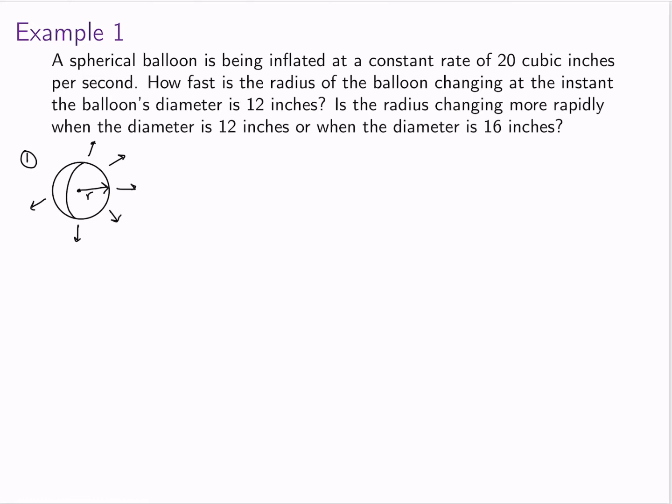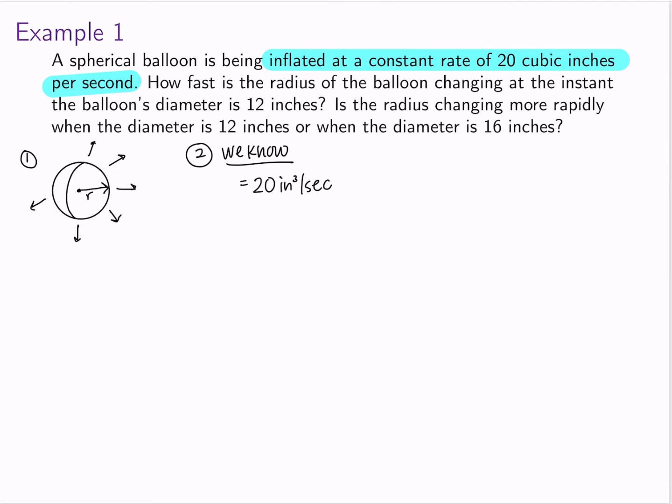All right, so what do we know? Step 2, what do we know? Well, we have been told that the balloon is being inflated at a constant rate of 20 cubic inches per second. And notice that it says that's a rate. So we know some rate is 20 cubic inches per second.